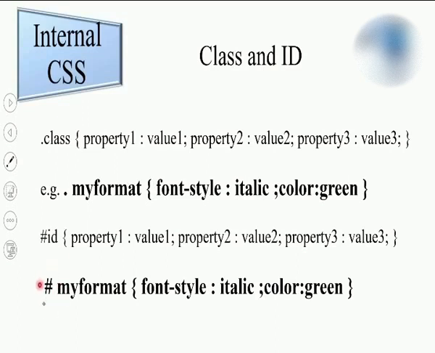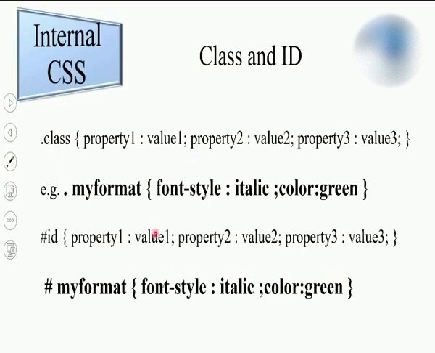ID is declared by using the hash symbol. This also you need to remember from the point of view of examination, that for declaration of the ID, you are supposed to make use of the hash symbol, followed by any name you can mention as ID, and followed by the declaration in the curly brackets.